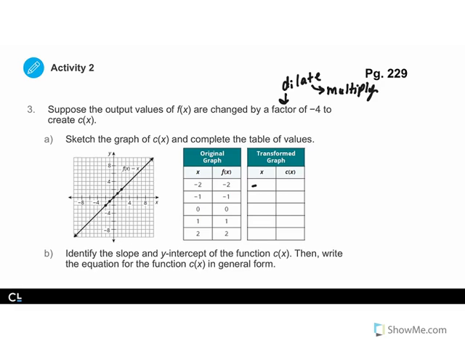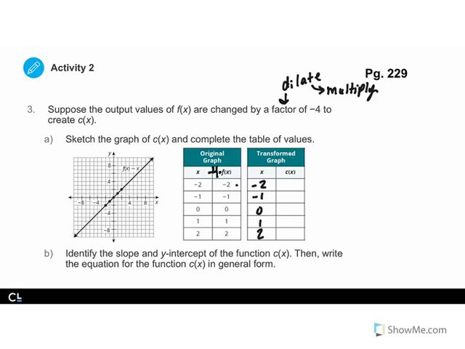So we're going to fill in those x values. We have -2, -1, 0, 1, and 2. Those are the same values that they had because I have to use those values to be able to use their y values. Now we're multiplying each of those y's by -4.